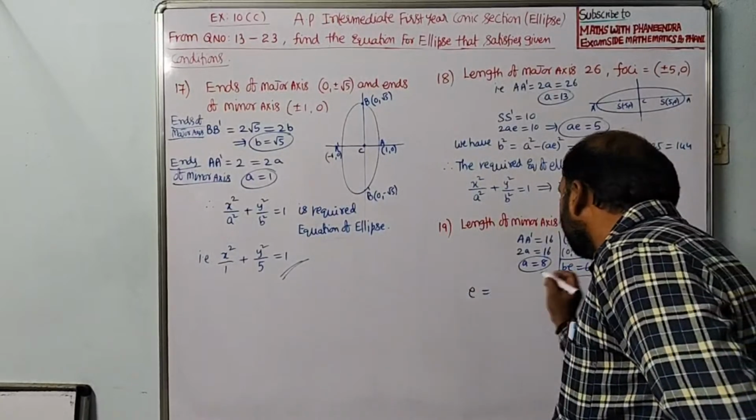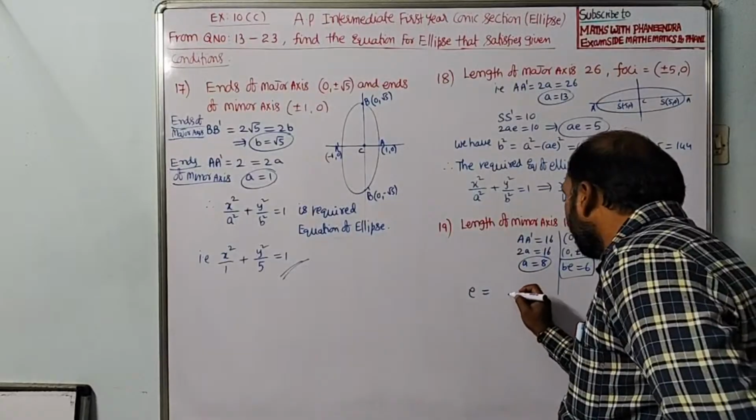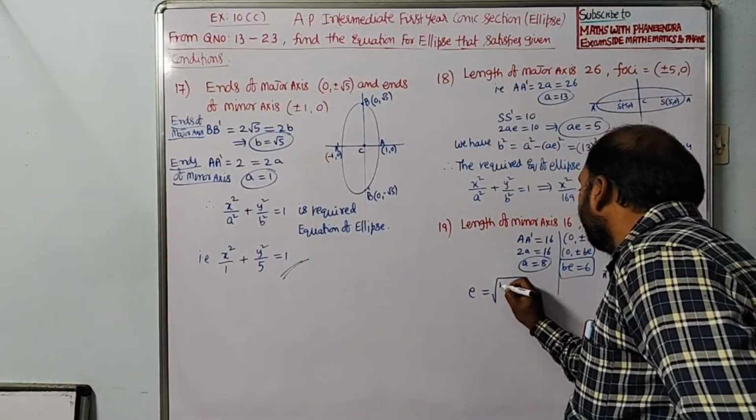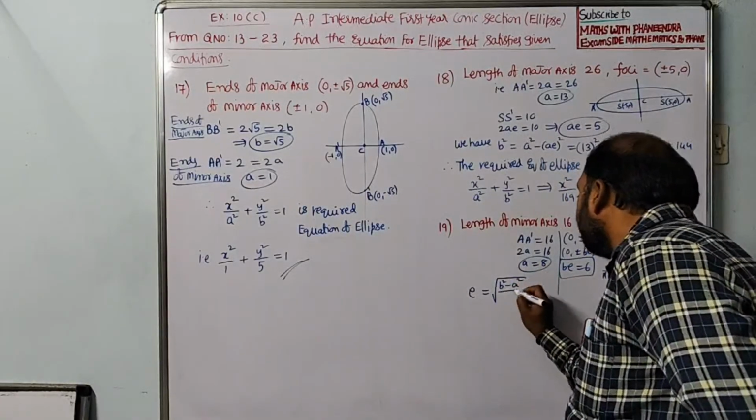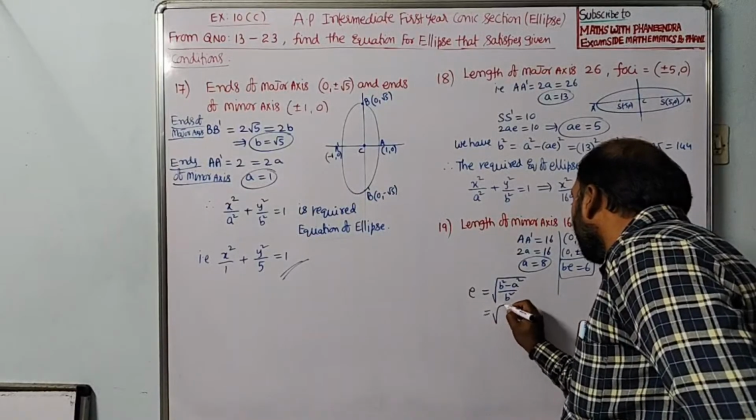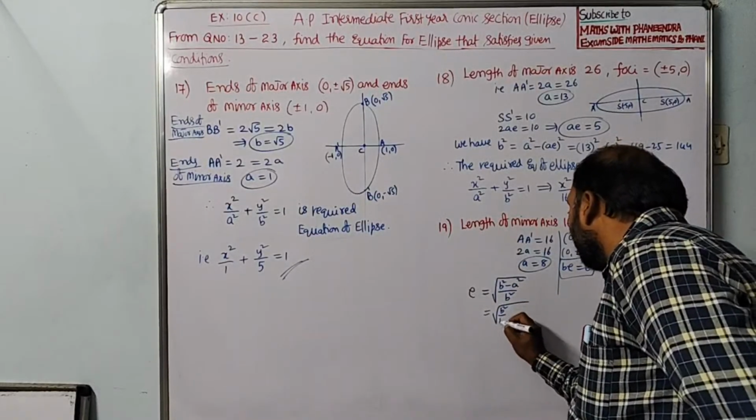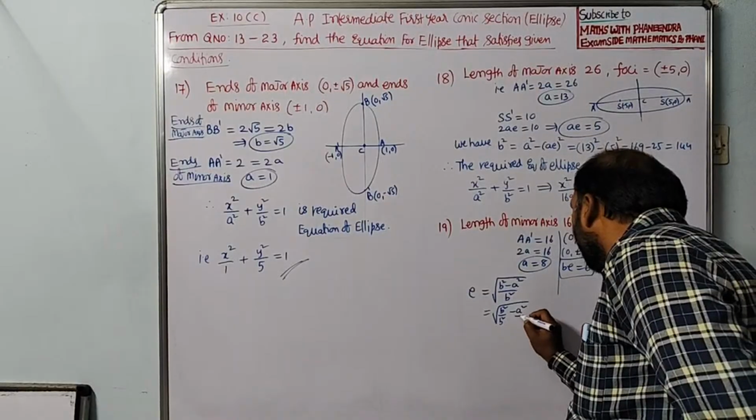Eccentricity E is equal to root over b square minus a square by b square, that is equal to root over b square by b square minus a square by b square.